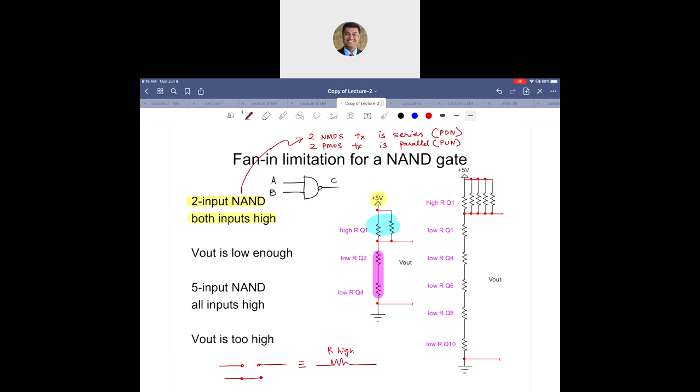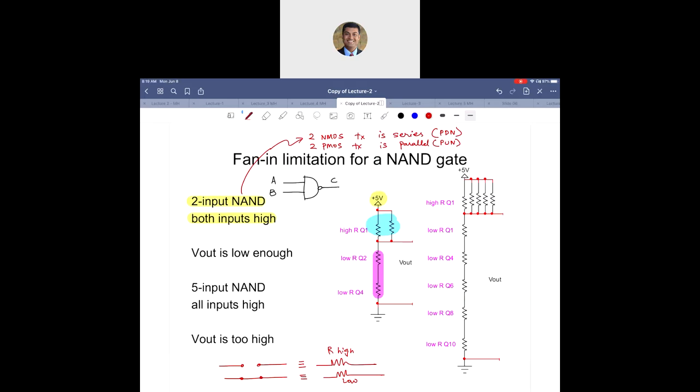Similarly, if it is a short circuit, when the transistor is on, I can indicate that as a resistor of very low value. I'm only using that for the extreme cases, not for the entire operation of a transistor, and only to explain the repercussions of fan-in.